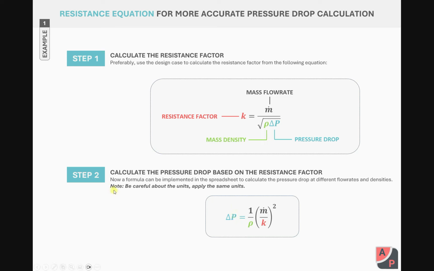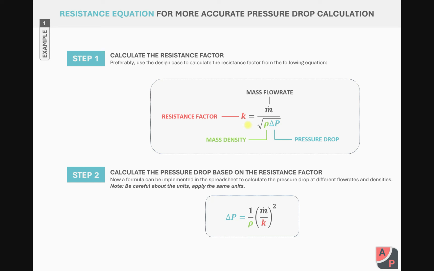One important note here is we need to be careful about the units. The units you use to obtain the resistance factor should be similar when you are calculating the dP. Otherwise, when you change the units, the K should be updated based on the new units.